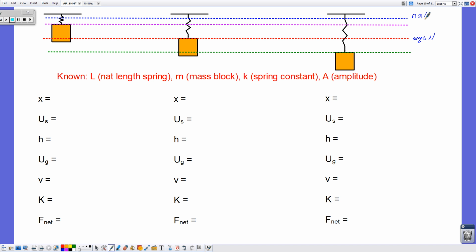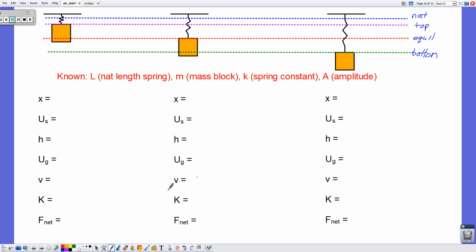This right here, that's its natural length. This is the absolute top of its oscillation, and this is the absolute bottom. Notice that I am measuring from the top of the block, so all I'm really caring about is what the spring is doing, not the block, because I don't care what the dimensions of the block are. I care about how the spring is stretching and compressing.